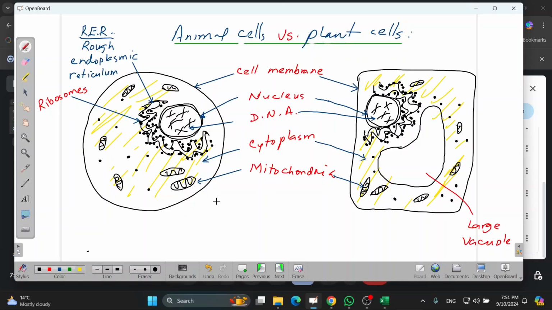And it has kind of a fluid in it, right? A fluid in it. And that fluid is called cell sap.